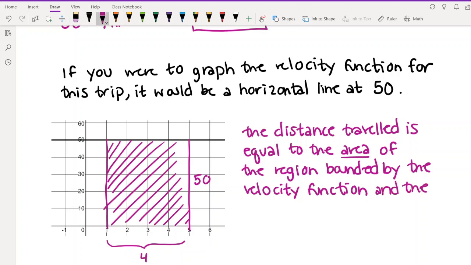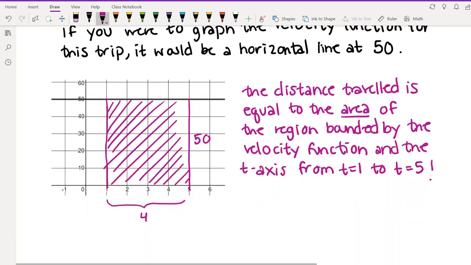Or let's maybe call it the t-axis since we're talking about time, from t equals 1 to t equals 5.